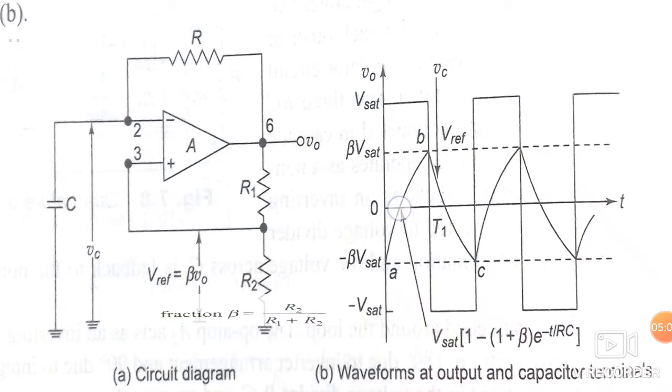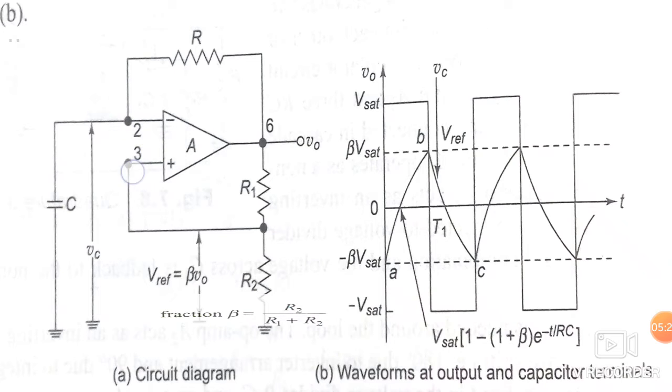But in between, the potential of point 2, that is the inverting terminal, and the potential of the non-inverting terminal, terminal number 3, will decide the output of the operational amplifier.